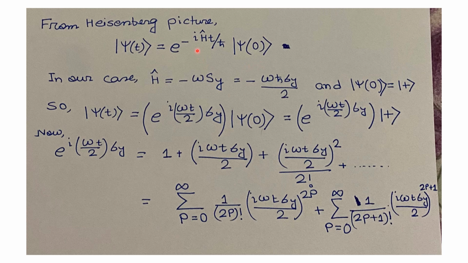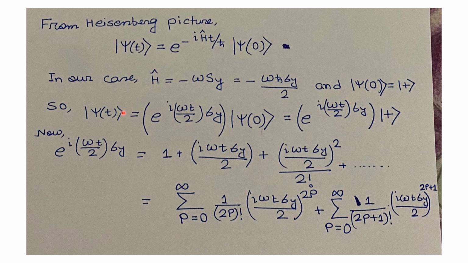Here h cap is the Hamiltonian of the system. In our case the Hamiltonian is minus omega Sy, which can also be written as minus omega h cut sigma y by 2, and here the initial state psi 0 is the plus state, that is upspin.